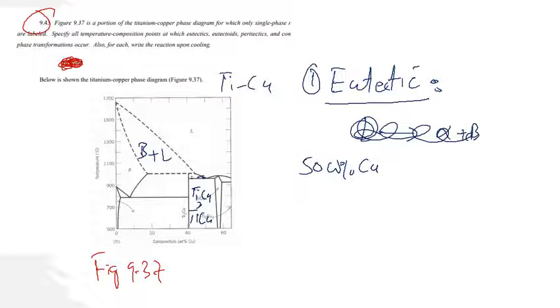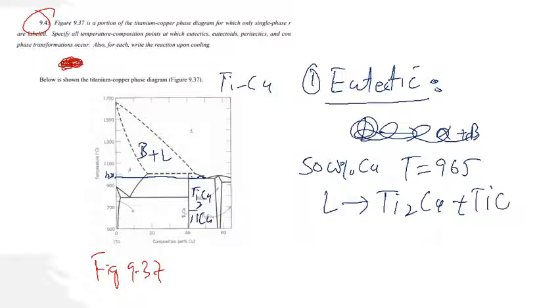If we draw a horizontal line straight, it is almost above 950. This is 1000, so it occurs at almost 965. So the temperature is 965, and the eutectic reaction is that liquid converts to these two solids, Ti2Cu and TiCu.